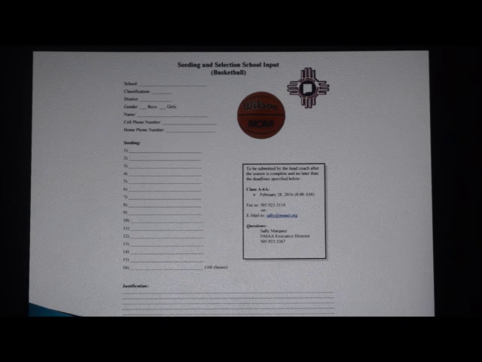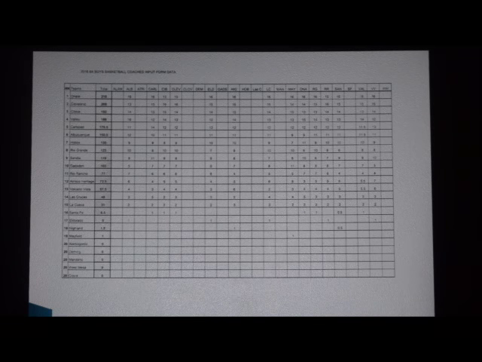In the example I'm going to give you for 6A boys basketball this last season, we received only 14 out of 24 schools on the coach's input in 6A boys basketball. Now, when we receive this form, we would put it in a matrix such as this.